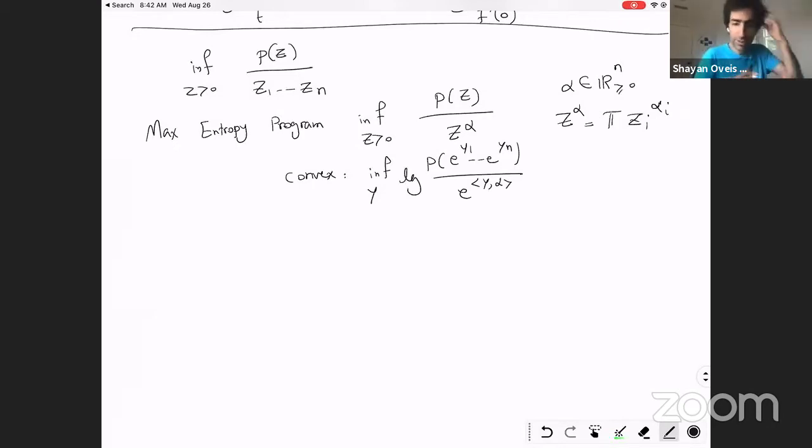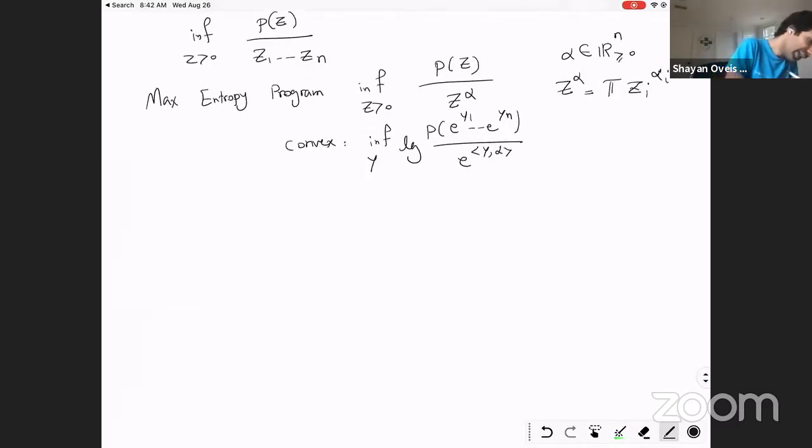Okay, so this is the convex version of the same program. So we want to talk about this program in this lecture, study its properties and its applications. The connection to the program we talked about last time is that last time alpha was the all ones vector. Here it's not. Okay, so let's get started.